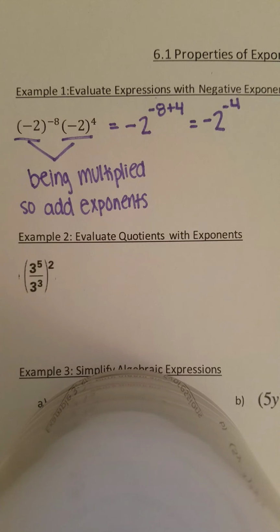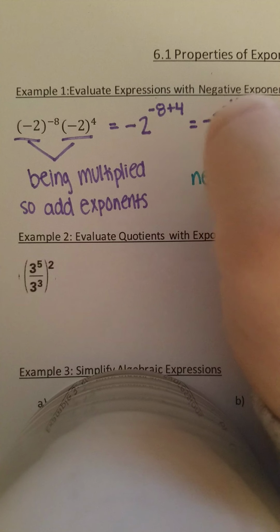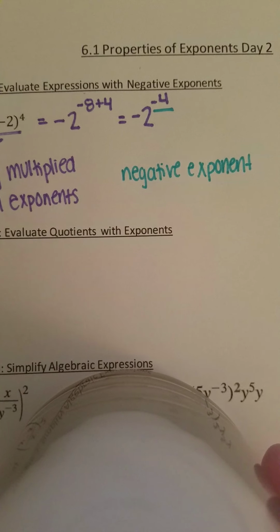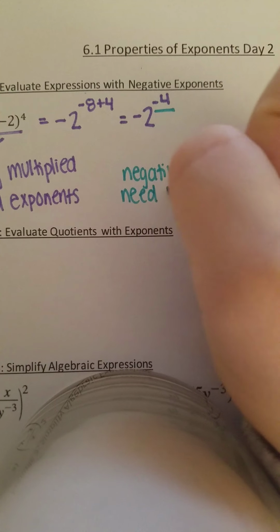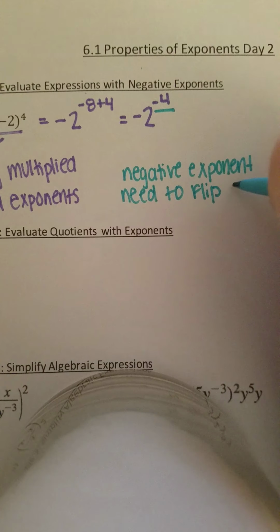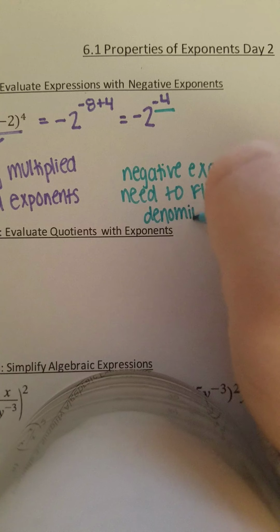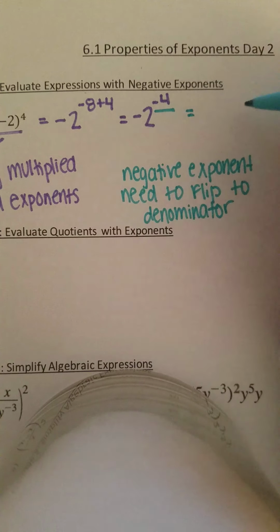Now, you can never ever leave a negative in your answer. Since we have a negative exponent, we have to flip it to the denominator. Because this is in the numerator, or it's a whole number, we have to flip it to the denominator.